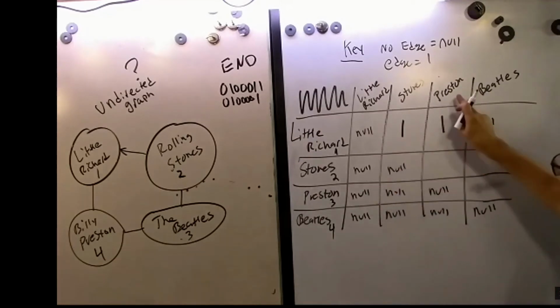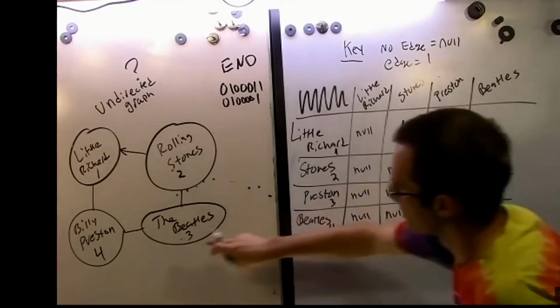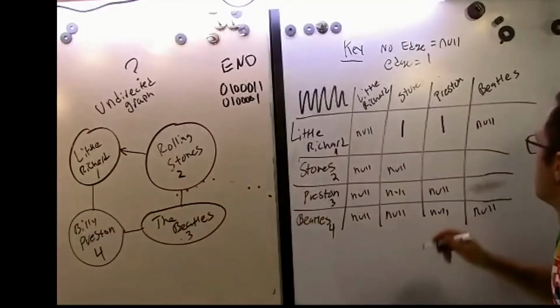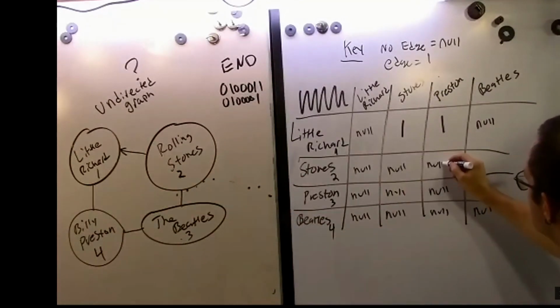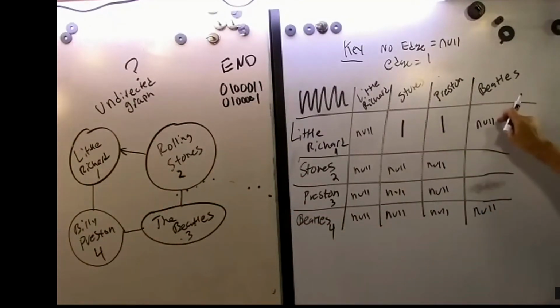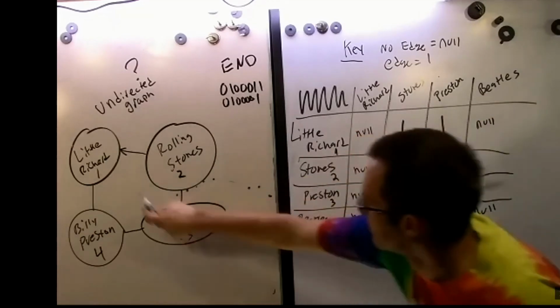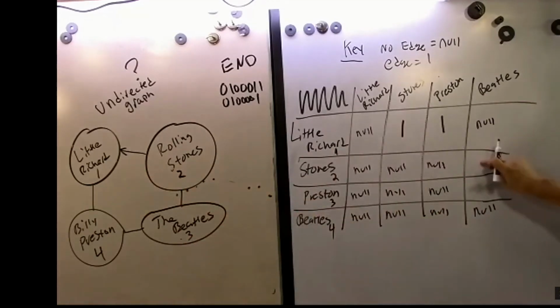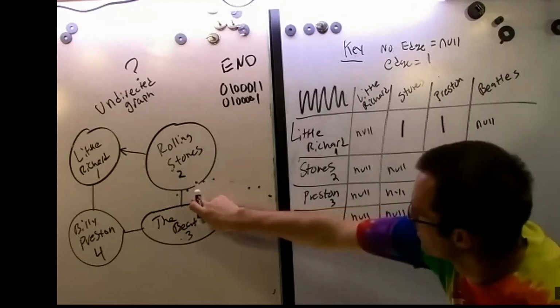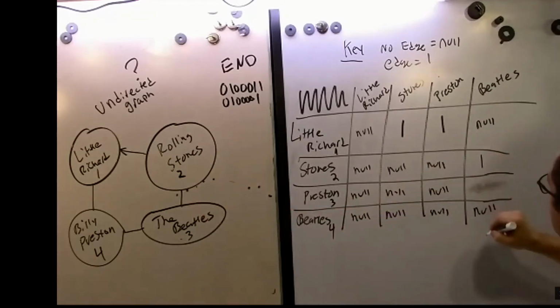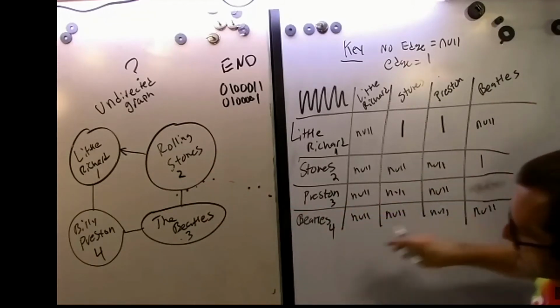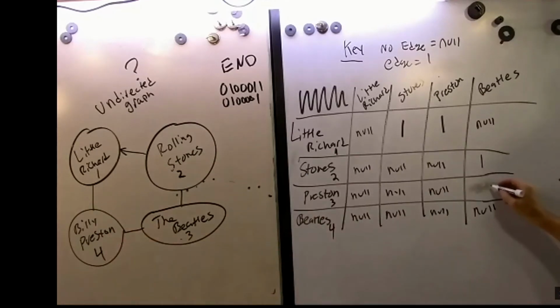So we're going to ask, is Preston associated with the Stones? No. Are the Beatles associated with Little Richard? No. Are the Beatles associated with the Stones? Yes. Are the Beatles associated with Preston? Yes.